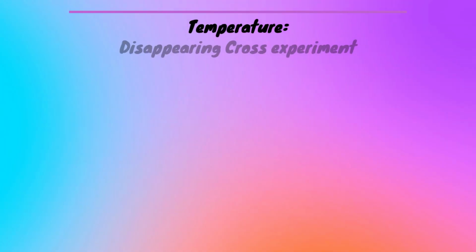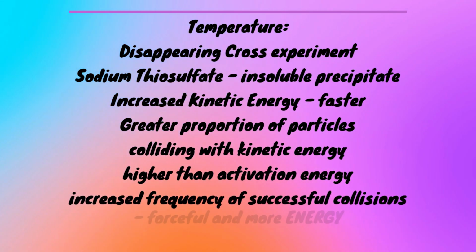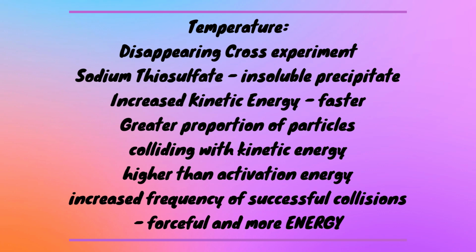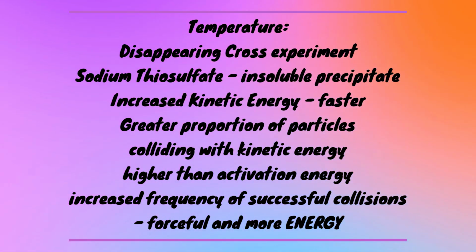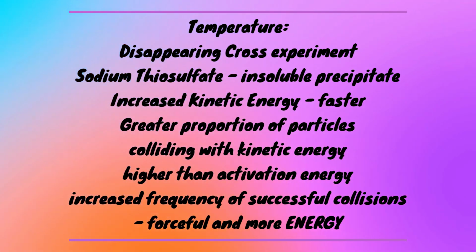And then we have temperature. For temperature, we can use the sodium thiosulfate and hydrochloric acid experiment, the disappearing cross. Now, the sodium thiosulfate is what we'd call the insoluble precipitate. It is forming this cloudy solution, which is making the cross disappear. Now, the theory behind the temperature is that with increased temperature, particles are given more kinetic energy, so they're moving around faster.